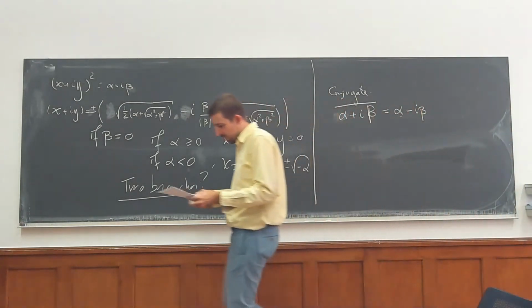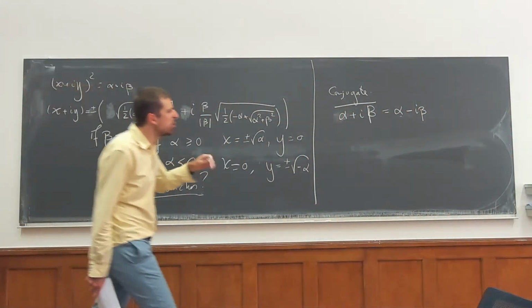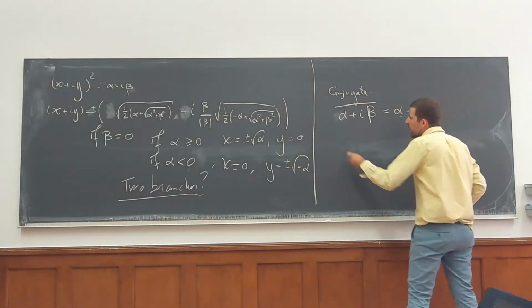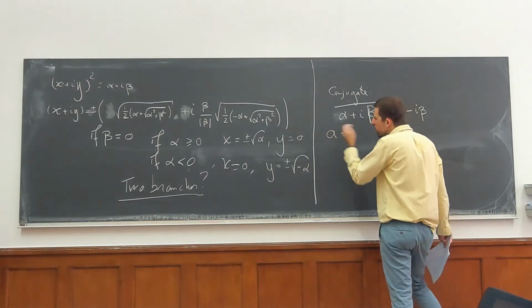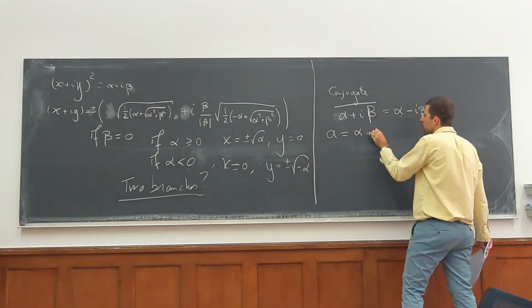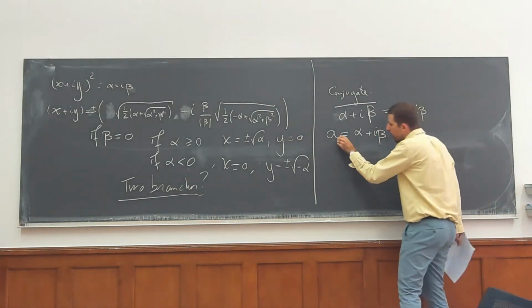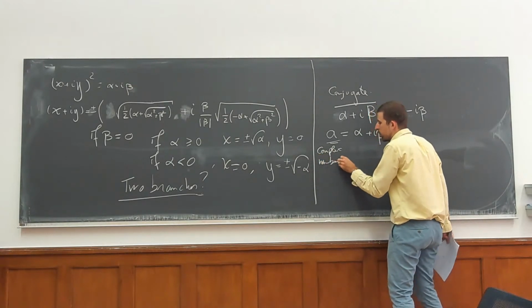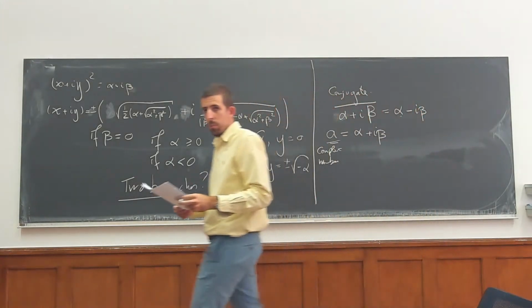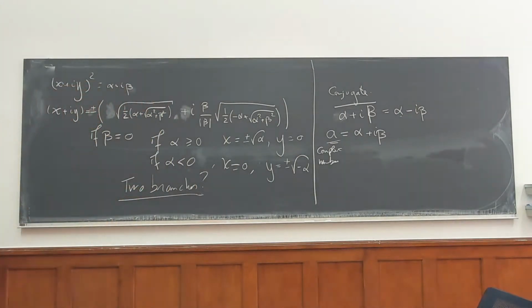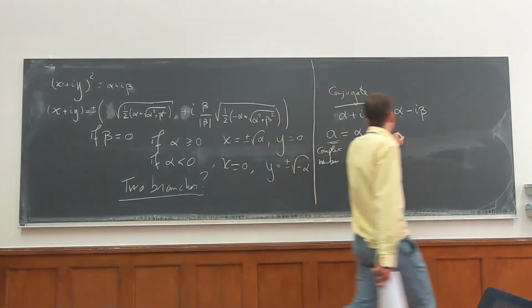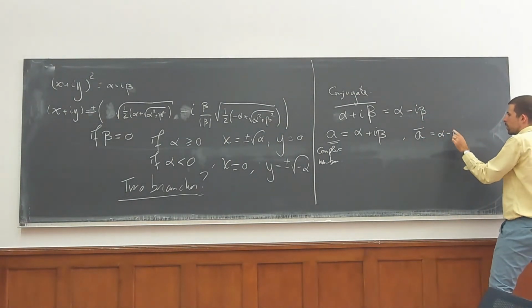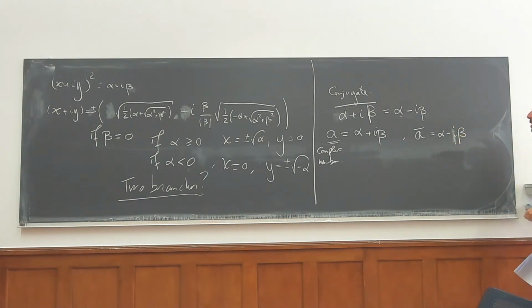This will be a very important operation. Often we'll write a letter, say A, to be a complex number, and now the conjugate will just be alpha minus i beta.